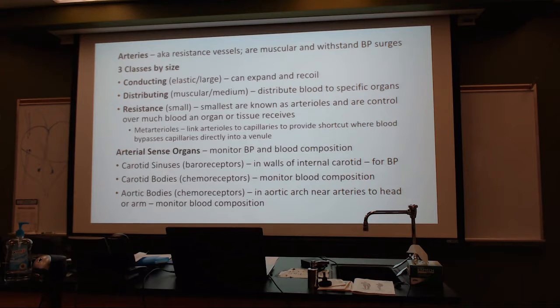So that means if the blood gases were wrong, oxygen and CO2, they came back to the left side of the heart and then left the left side of the heart, that means there's now inadequate gas composition moving to the cells of my body. Does that make sense?